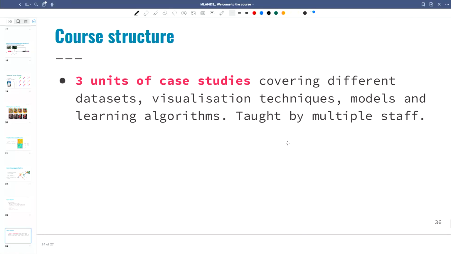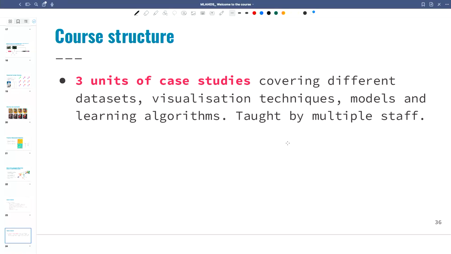So another point about the course structure, as I said, you're going to have probably most likely 3 units of case studies. You have to choose 2 out of them. 2 already has been secured. Third, I'm struggling to find someone.